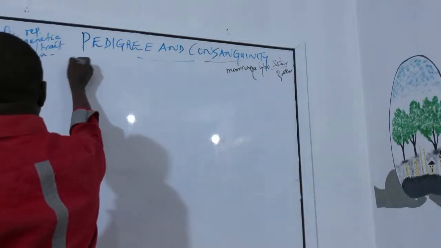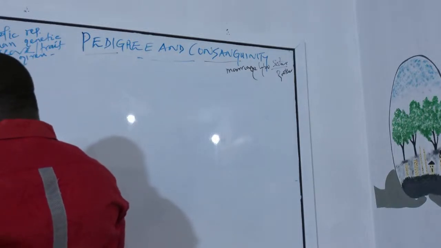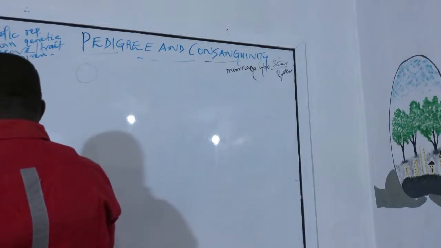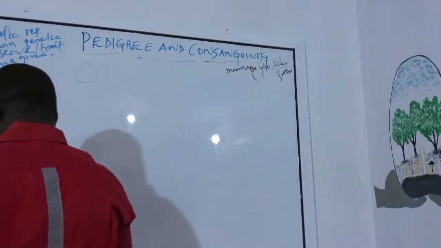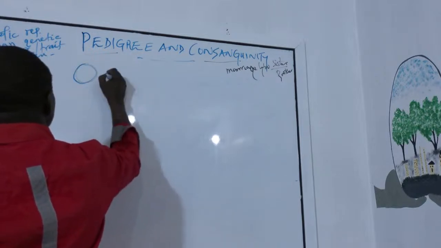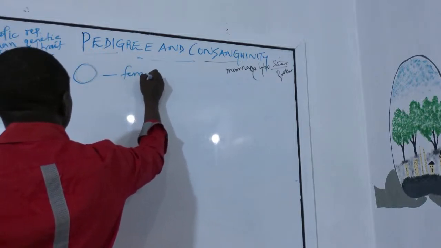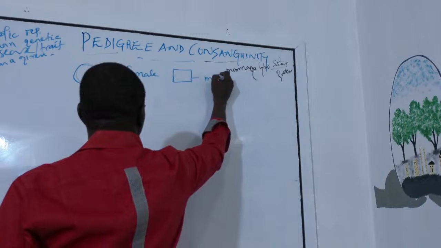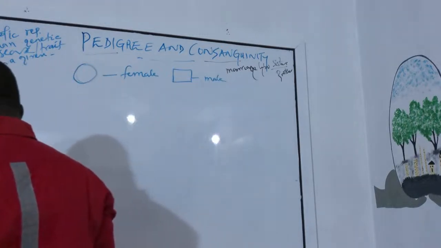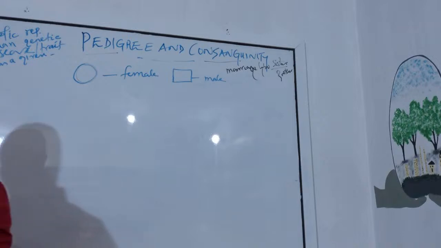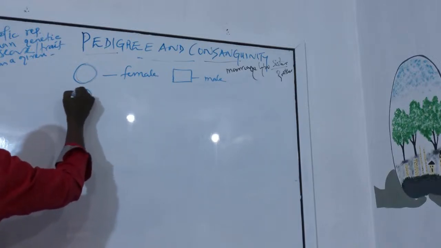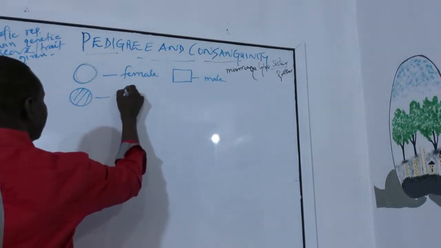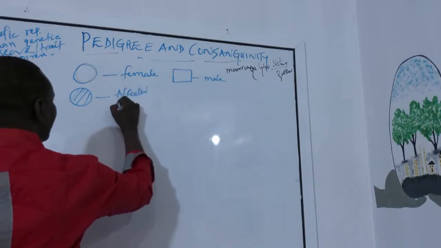In pedigree, if you come across a symbol like this, which is a circle, a circle represents a female, whereas a rectangle represents a male. If you have a circle which is shaded, this person is an affected female.